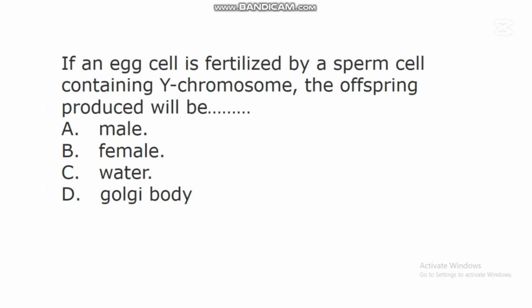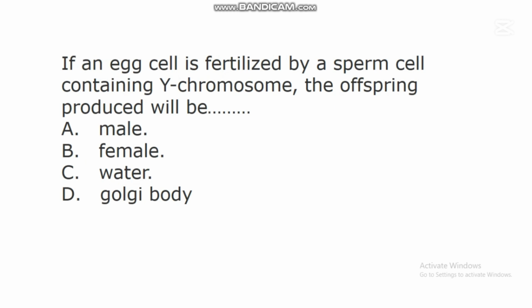The next question says, if an egg cell is fertilized by a sperm cell containing Y chromosome, the offspring produced will be dash. A. Male, B. Female, C. Water, D. Golgi body.